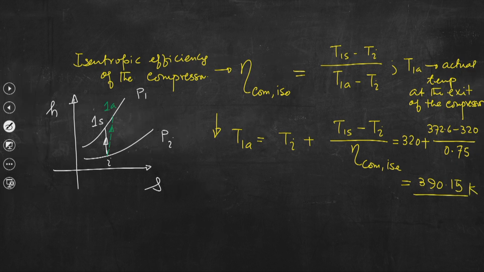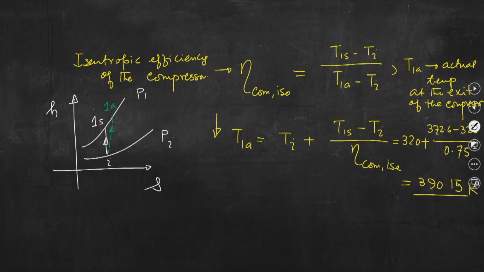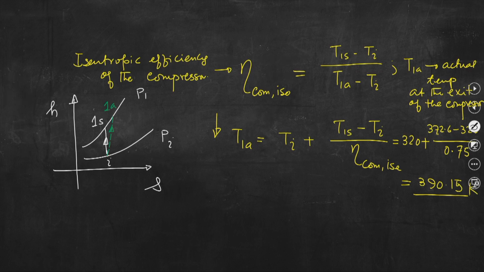So, this is the actual temperature. So, try to understand, the temperature of the air at the exit of the compressor following isentropic compression was 372, whereas actual temperature is coming as 390.15 Kelvin. So, little higher. Okay.